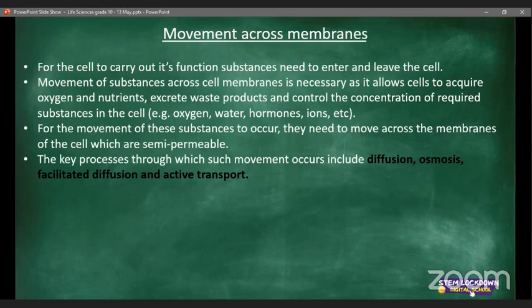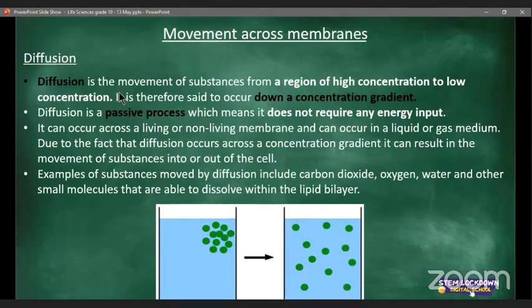So diffusion is the movement of substances from a region of high to a region of low concentration, said to occur down a concentration gradient. When we say down, or maybe your textbook may say along a concentration gradient, we mean that it moves from a region of high concentration to low concentration.